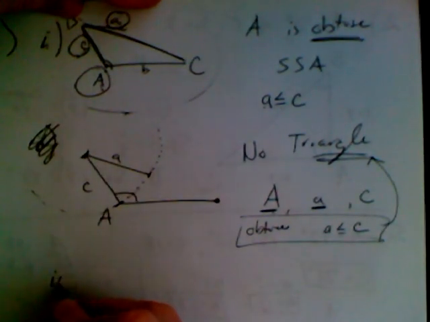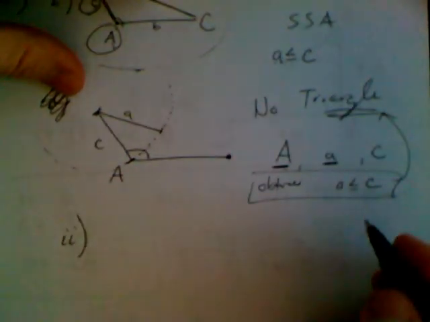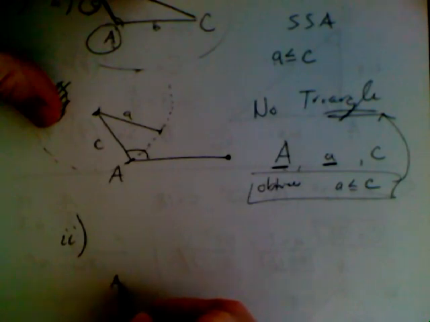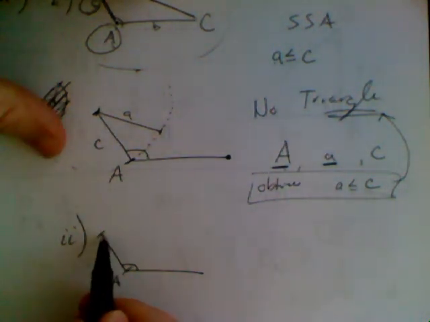Okay, let's look at the double I. Now let's assume that we have the same stipulation. I am given some angle A, it is obtuse. I have this side C, and then I'm given my little a value.